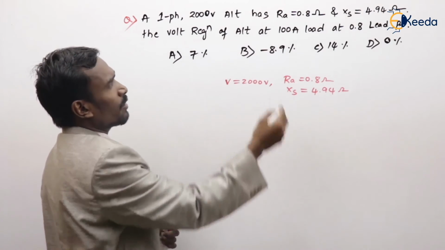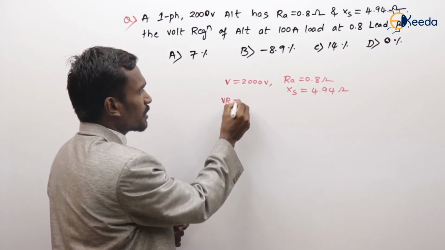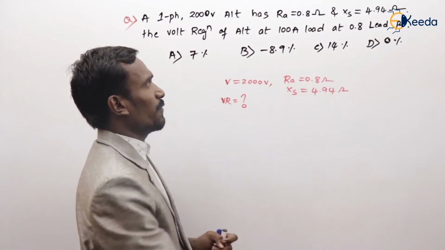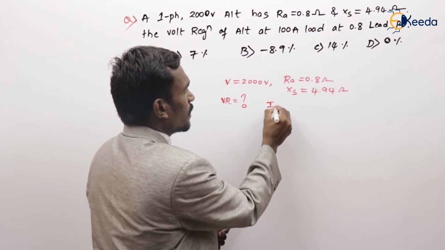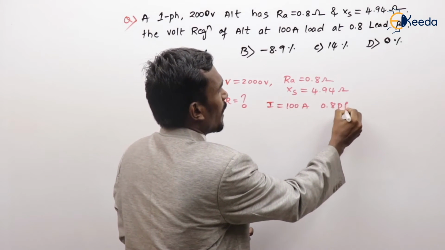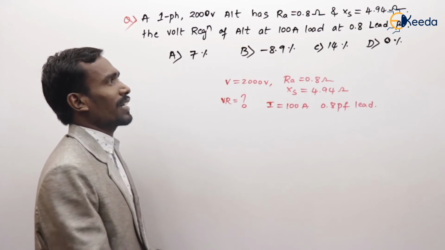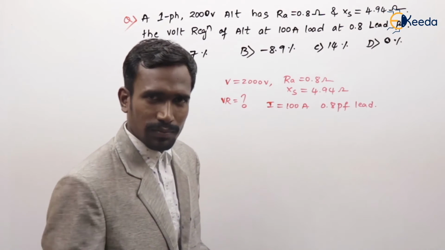We have to find the voltage regulation of the alternator at 100 amperes, 0.8 power factor leading.